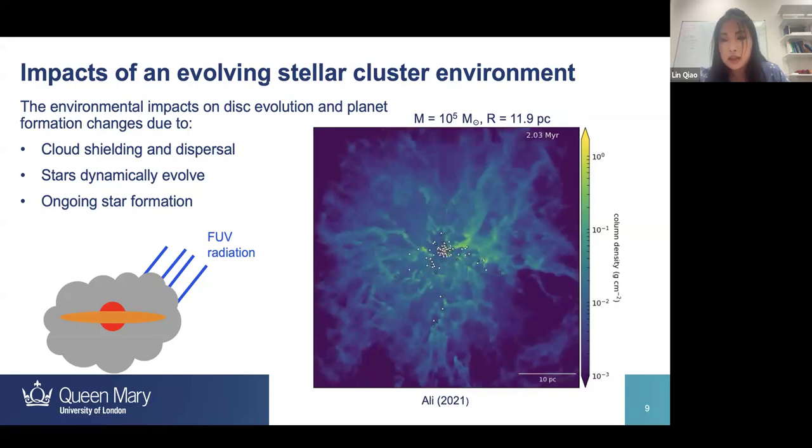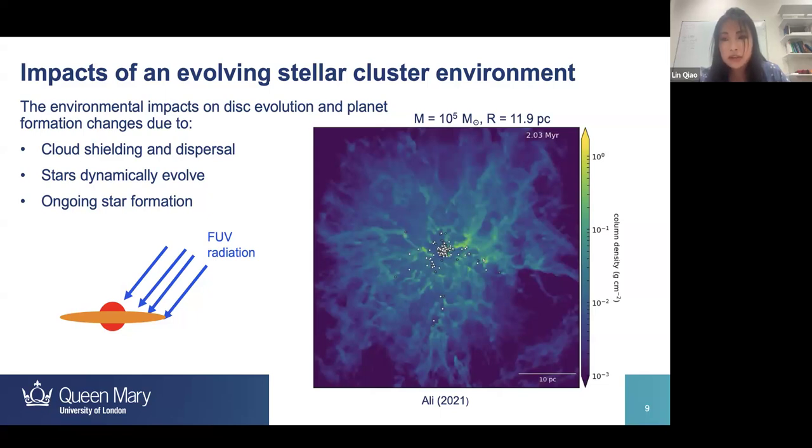Therefore, for a disk in this kind of cluster, the FUV radiation from the massive stars in the cluster incident upon them changes as the cluster evolves. For example, if a disk around a host star is initially embedded in a dense gas region, the gas can shield the FUV radiation for some time, protecting the disk from external photoevaporation before the cloud disperses or the star moves dynamically out of the embedded region.